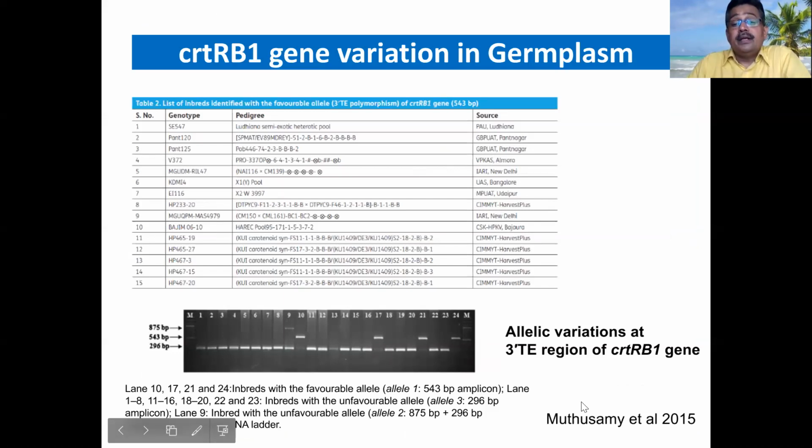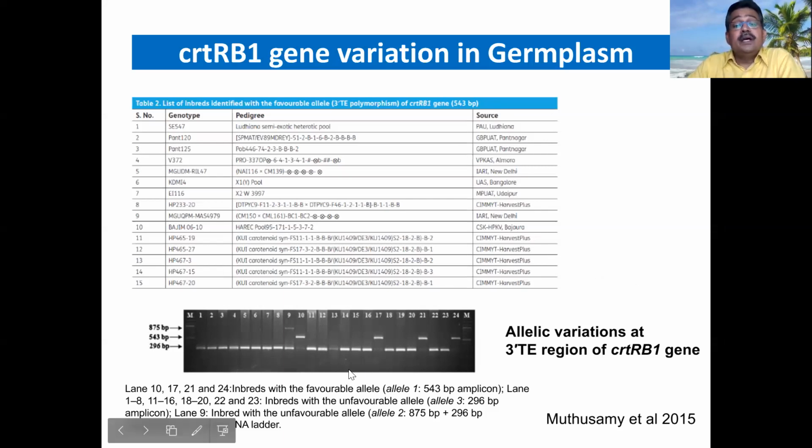One of our collaborators, Vignesh, worked on this and also screened all the CIMMYT lines, and CIMMYT also contributed to the International HarvestPlus program. They donated some of the inbreds which have high beta carotene. These beta carotene lines are temperate in nature, so they cannot be adapted to our conditions. So you have to transfer this high beta carotene allele from the donor to our cultivated types.